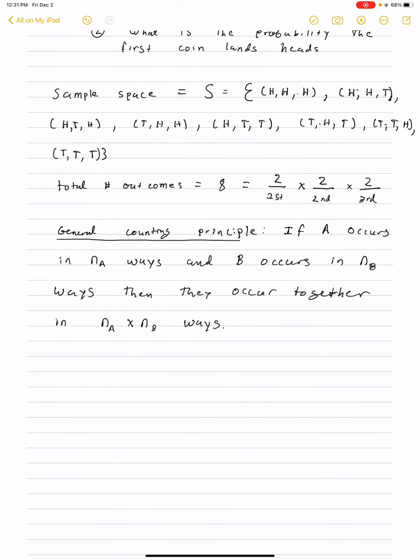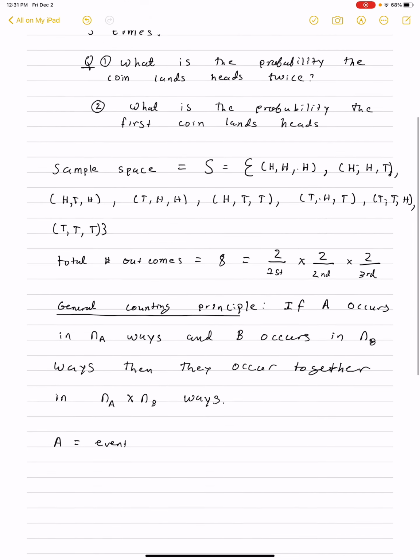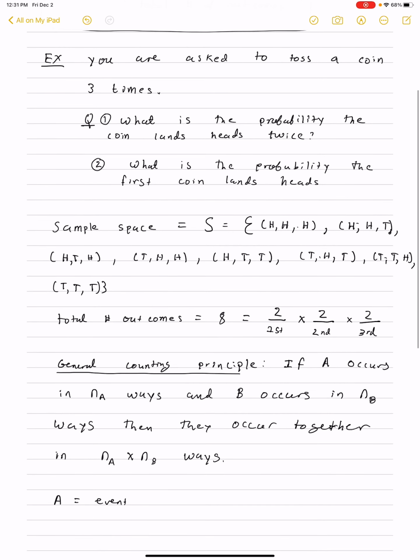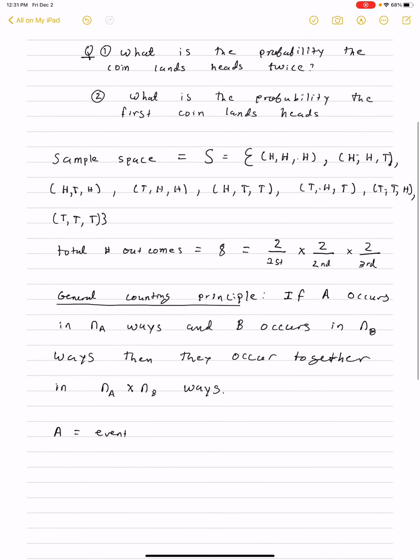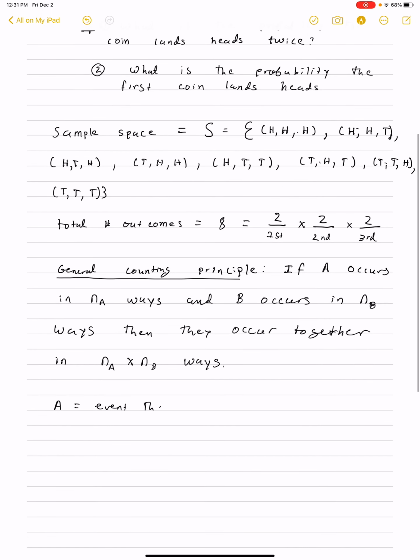And here we're going to define the set A. A is the event, or set of outcomes, that corresponds to the coin landing heads twice. By event, we also synonymously mean set.